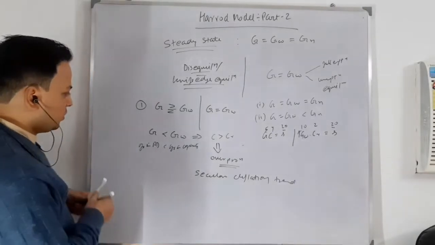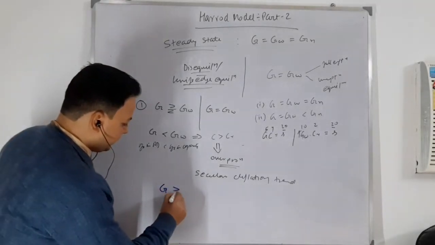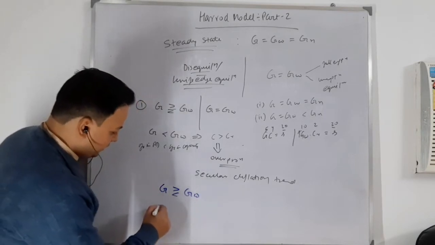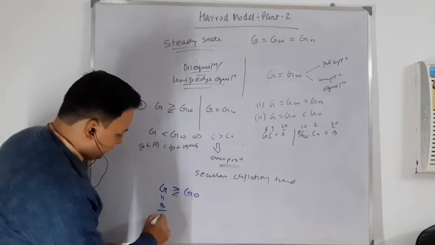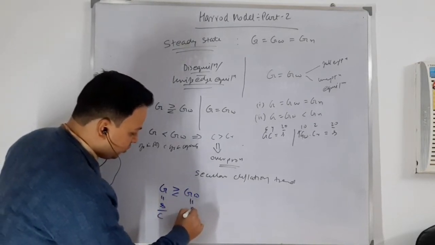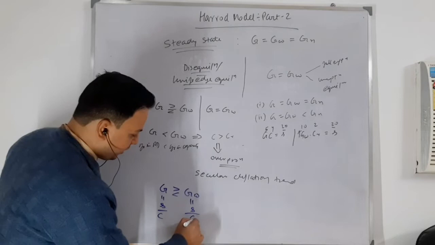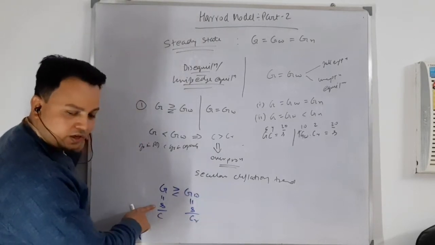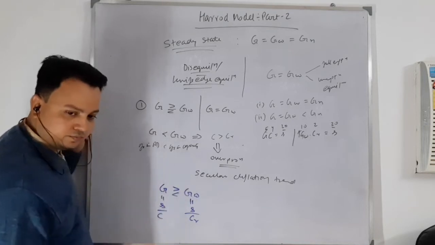So we see that when G is less than GW, what is this? G is the ratio of saving and actual capital-output ratio. GW is the ratio of actual saving and required capital-output ratio. So this is constant. Saving is a policy variable, given.